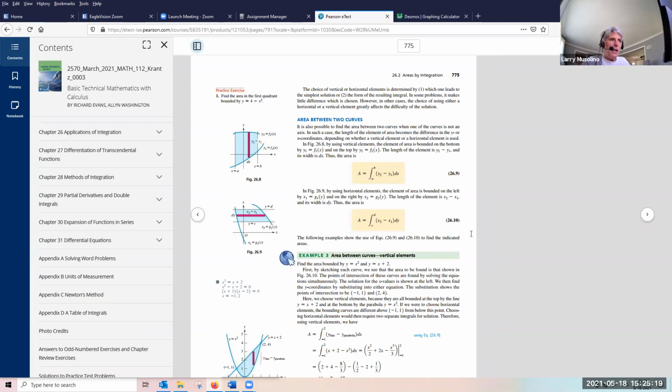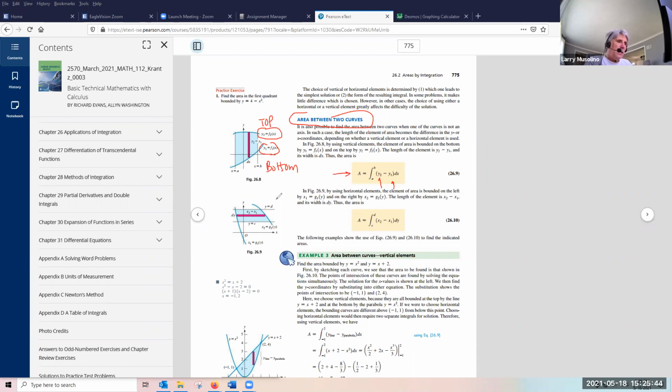Yep, here it is. Area between two curves. So notice what it's saying is if you want to know the area between two curves, take y sub 2 minus y sub 1. Notice y sub 2 is the top function and y sub 1 is the bottom function, and it always has to be set up that way. Okay. All right.